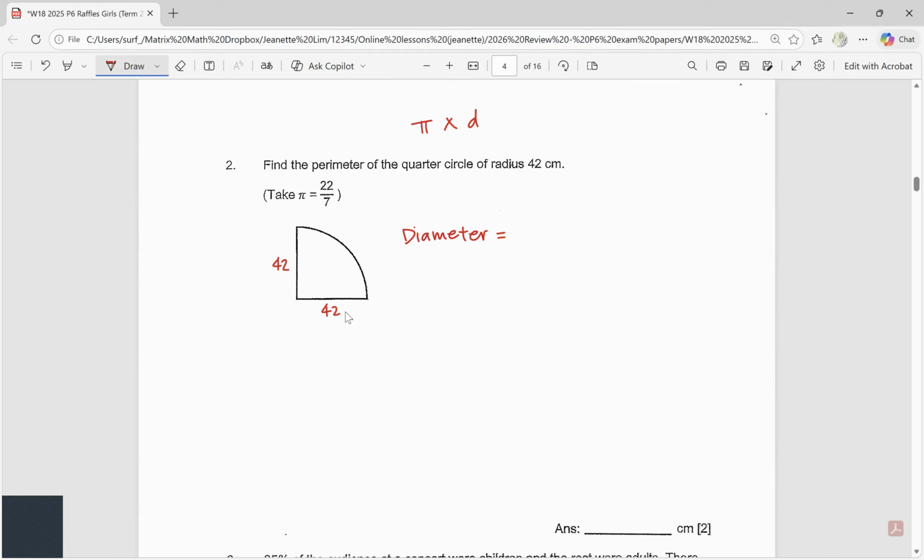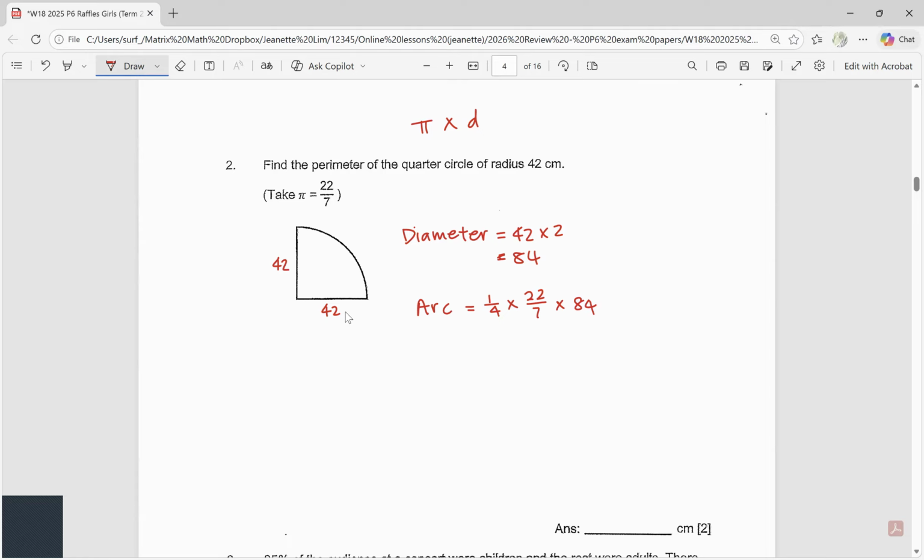So the diameter is 42 times 2, which is 84 cm. Now the arc is 1/4 of a full circle. So 1/4 times the formula, which is pi times diameter. Pi is 22 over 7.